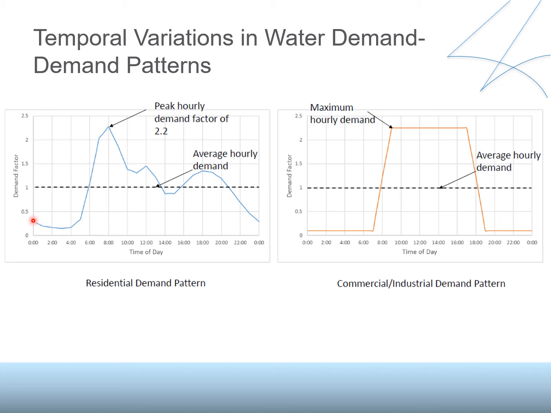If you look here, in this example the demand factor is around 0.25 in the morning, and then slowly starts to increase as people wake up and start doing their daily activities, then it peaks around 8, goes down, and then in the evening it goes up again. Again, this is very typical, and you should not be using this pattern for your design.